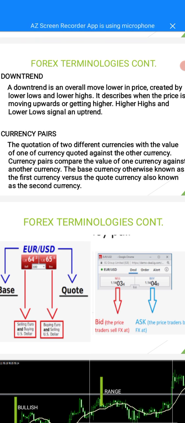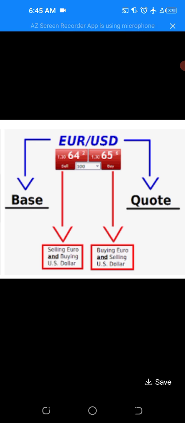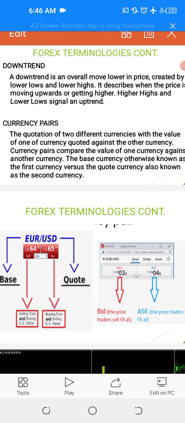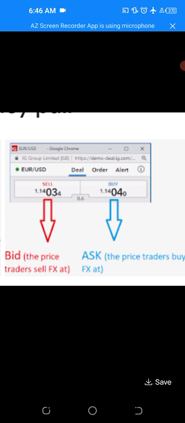That is the kind of example you are seeing here. Here you have euros against the US dollar. So here, the US dollar is the quote currency, while the euro is the base currency. You either see it in this form or in the other form. One of them is the base currency, while the other one is the quote currency.